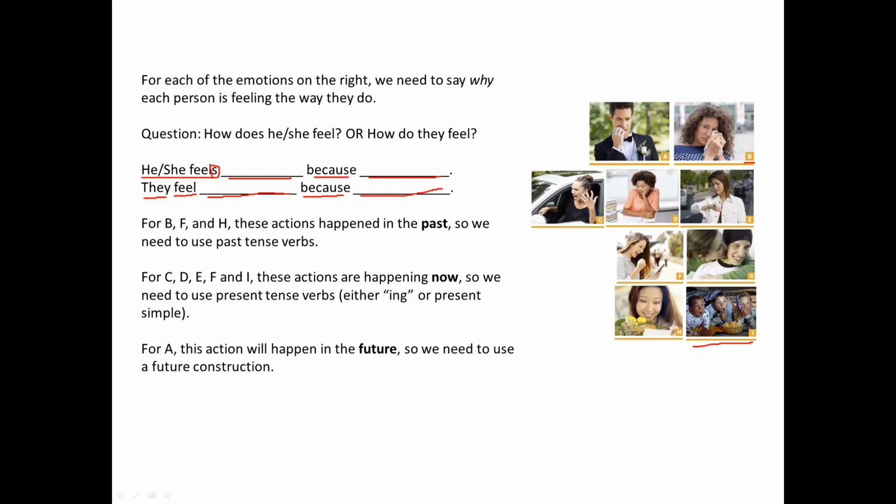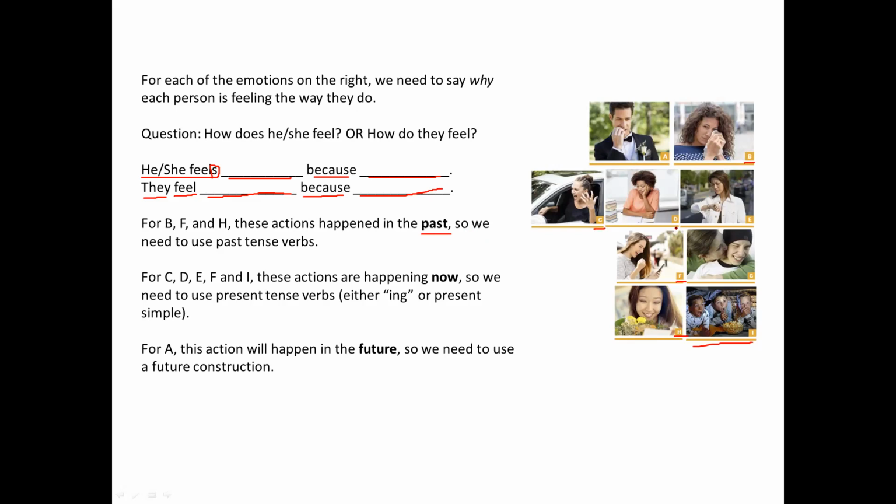Picture B, picture F, and picture H. These happened a short time in the past. So we need to make a sentence with a past tense.